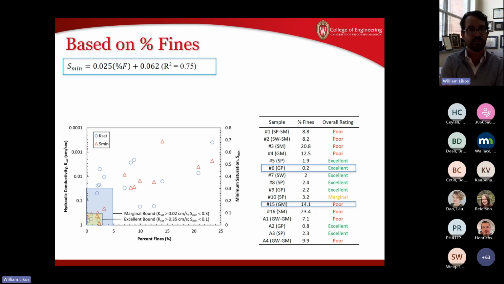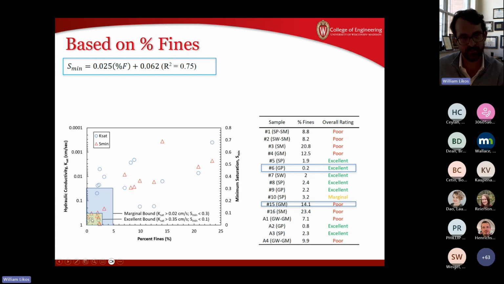There is that correlation that we saw between minimum saturation and percent fines. If we establish those two rating bounds on this plot down here, where we've got a hydraulic conductivity greater than 0.02 and a minimum saturation less than 0.3, those red triangles are where the percent fines fall within those bounds.